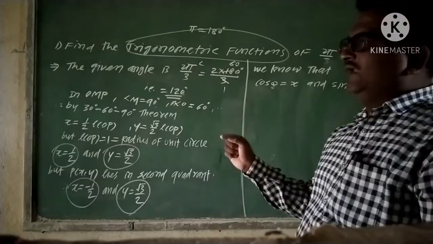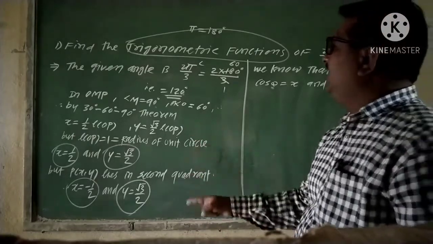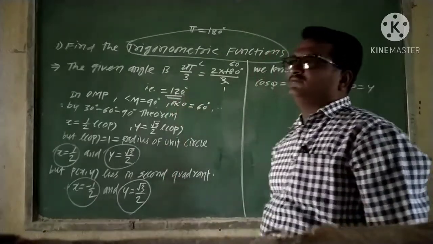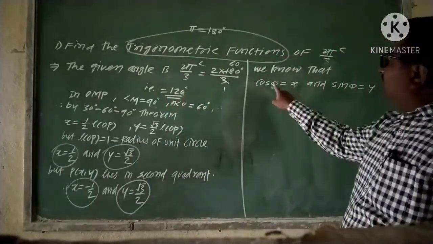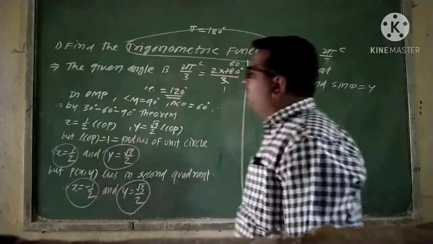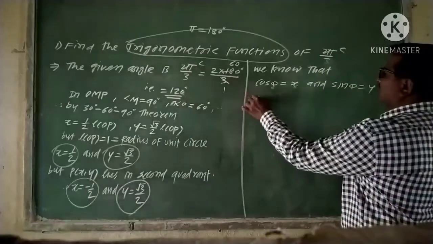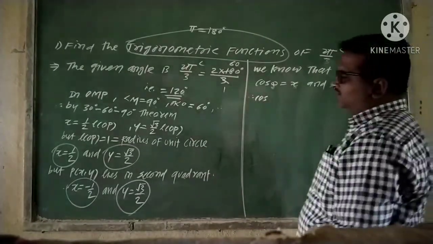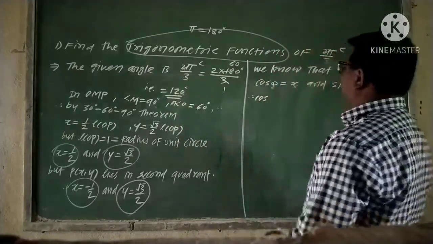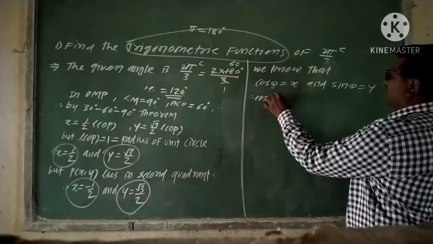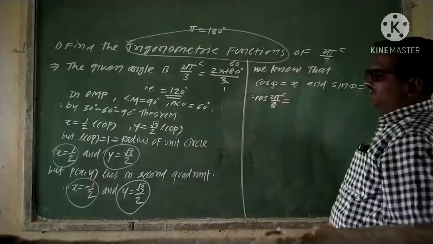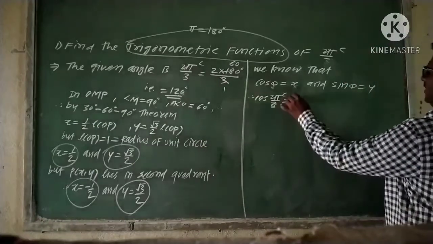Means P is a point that lies on the terminal ray of the angle of measure 120 degrees. So theta here is 120 degrees and x has the value minus 1 upon 2. Now this angle 120 degrees means 2 pi upon 3 radian. So cos of 2 pi divided by 3 radian equal to x, and x has the value minus 1 upon 2.